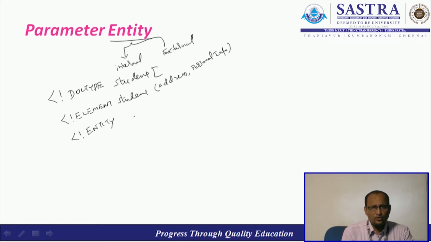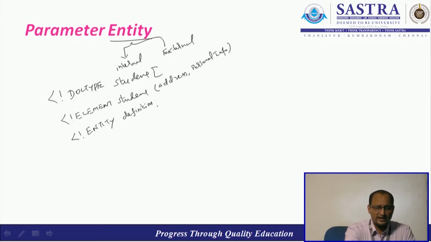Suppose I want to give this definition. So usually entity and abbreviated text we will be using for general entity. Here for parameter entity we need the same, this is our own definition. I have just given the definition. This is an abbreviated text used for defining any other elements or attributes.